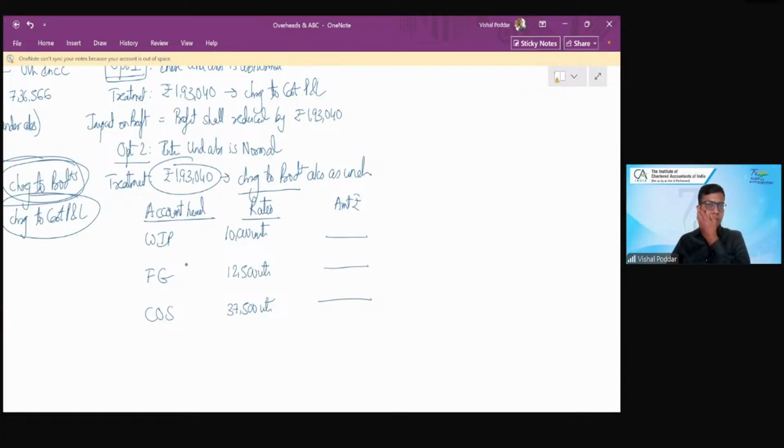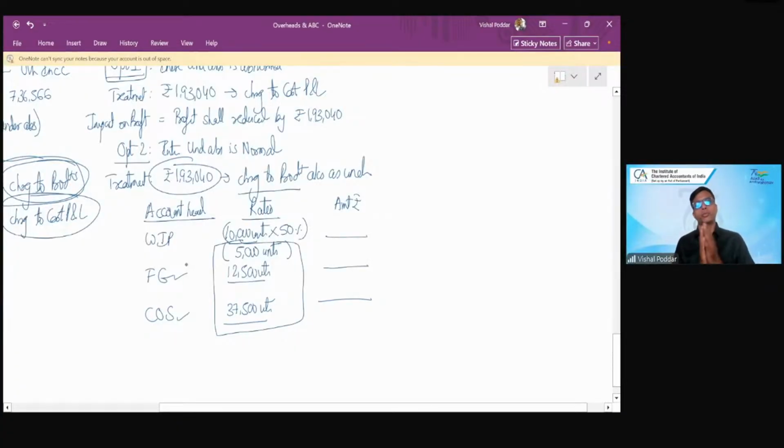Now in this, whenever they give you units, you have to remember that for finished goods and COS, you will consider whatever is given in the question. But for WIP, you will have to convert it into equivalent units by multiplying it by the percentage completion. So whenever they give you WIP units in the sum, they will say these units are 50% complete. So you will multiply by the percentage completion to find the equivalent units, and then these units become your ratio.